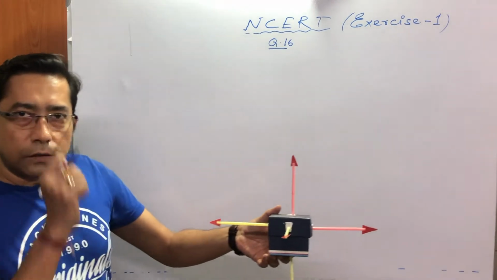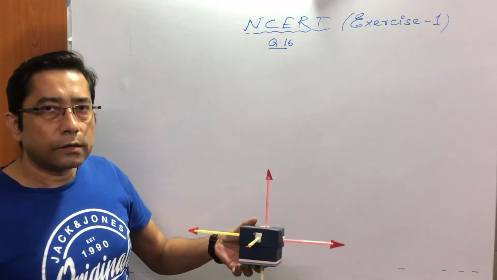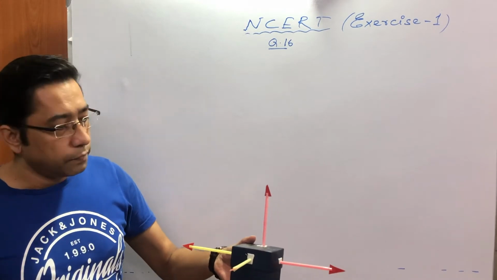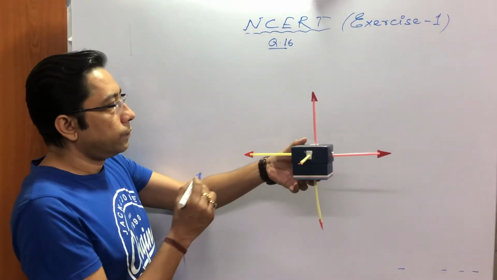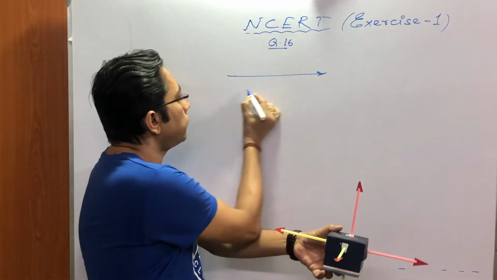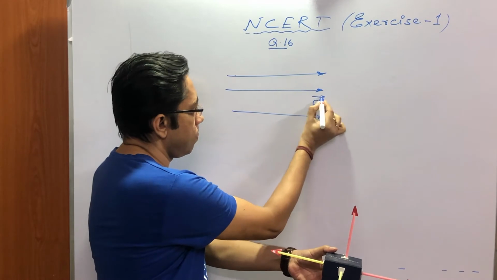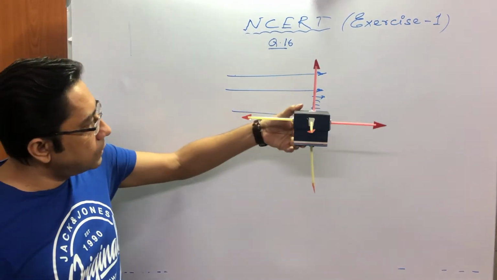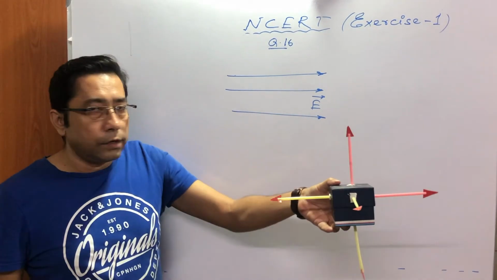What is this now? This is a cubical surface. These arrows represent their area vectors. Now try to understand this. If I draw the electric field in this direction, and place this cube along the direction of the electric field, try to understand this carefully.